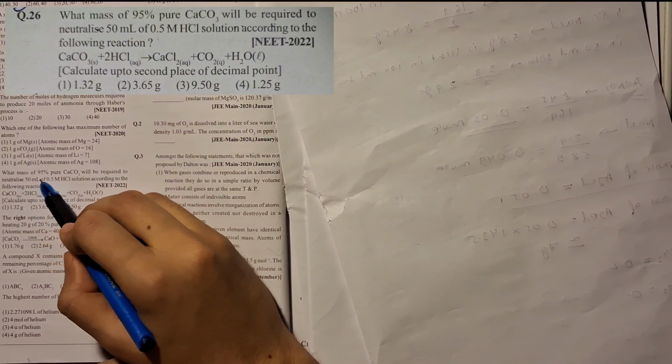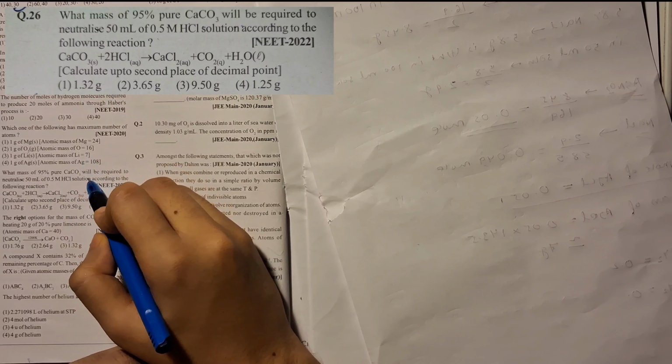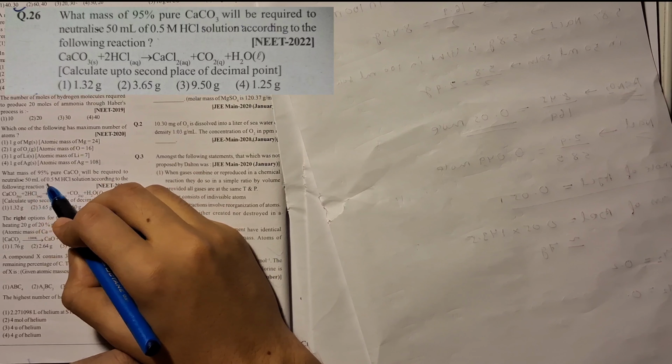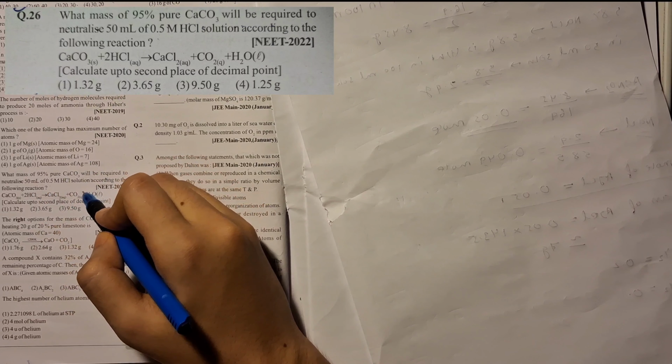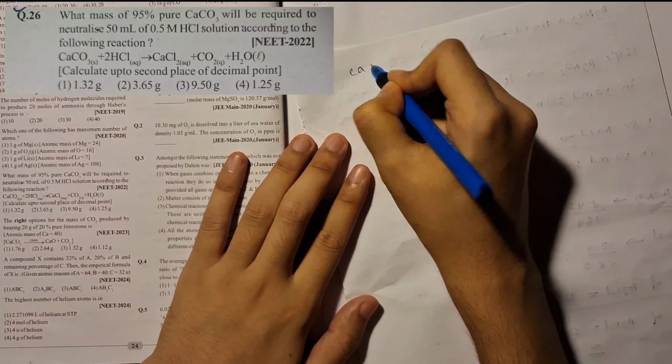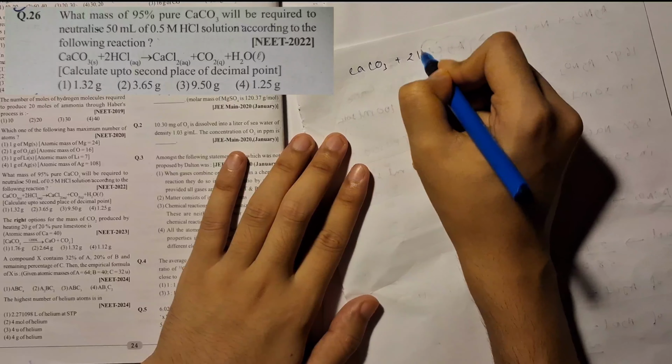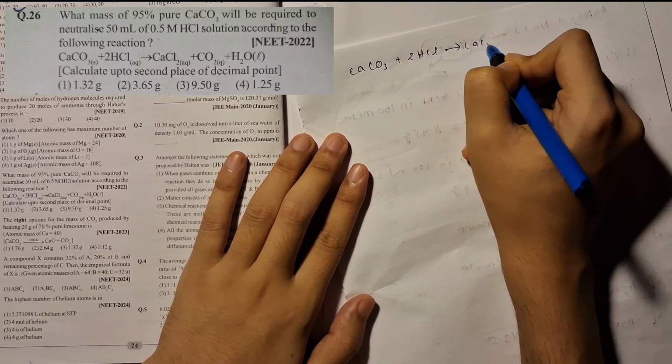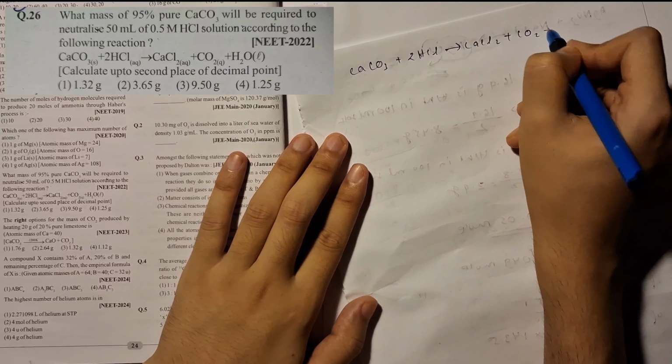What mass of 95% pure CaCO3 will be required to neutralize 50 ml of 0.5 M HCl solution according to the following reaction? Reaction क्या है? CaCO3 plus 2HCl gives CaCl2 plus CO2 plus H2O.